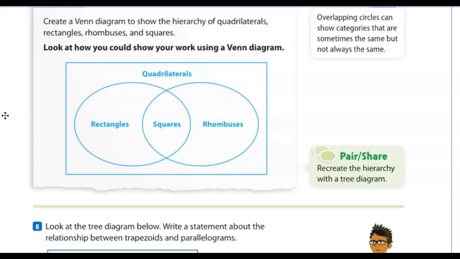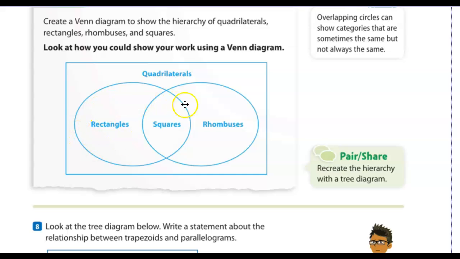Look at how you could show your work using a Venn diagram. So we have the large box for all quadrilaterals. Then inside the large box, we're going to get more specific. So we create these two circles that are overlapping, these two ovals that are overlapping.